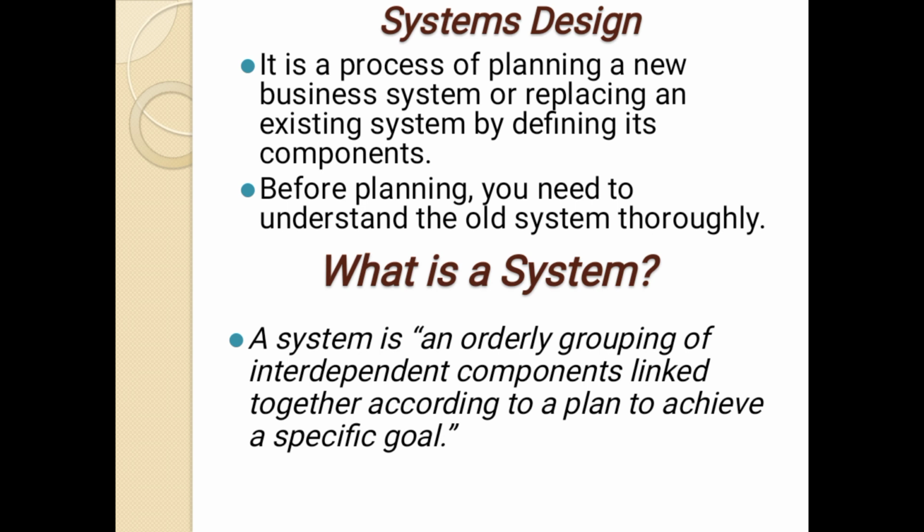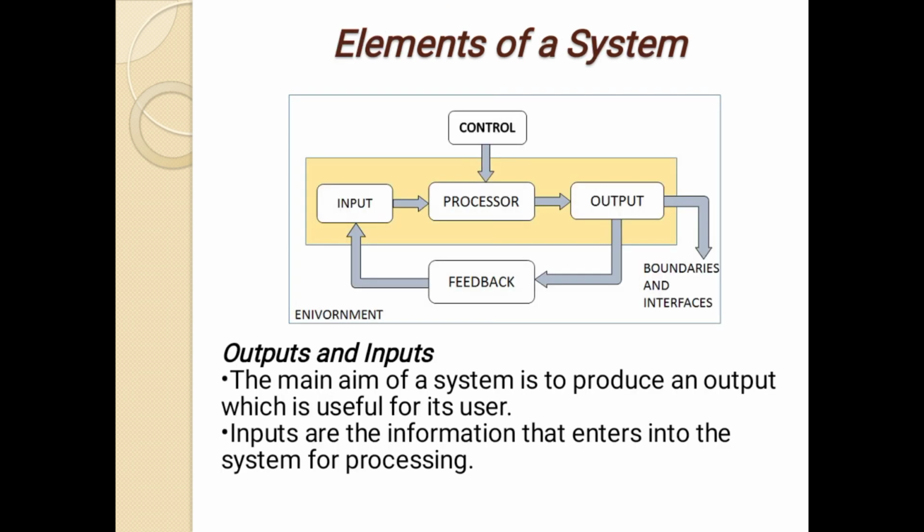What is a system? A system is an orderly grouping of interdependent components linked together according to a plan to achieve a specific goal. The elements of the system are control, processor, output, feedback, and inputs.